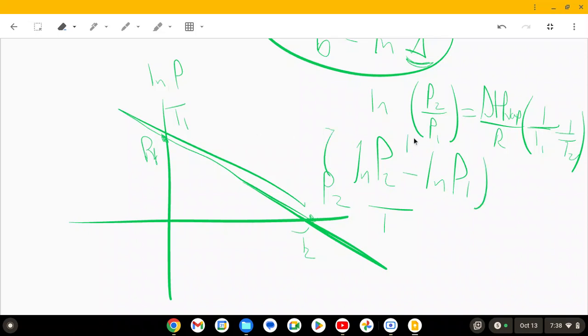Those two are equivalent. And so it's saying that the difference between the pressures equals the slope of the line and then some difference between the reciprocals of the temperatures.